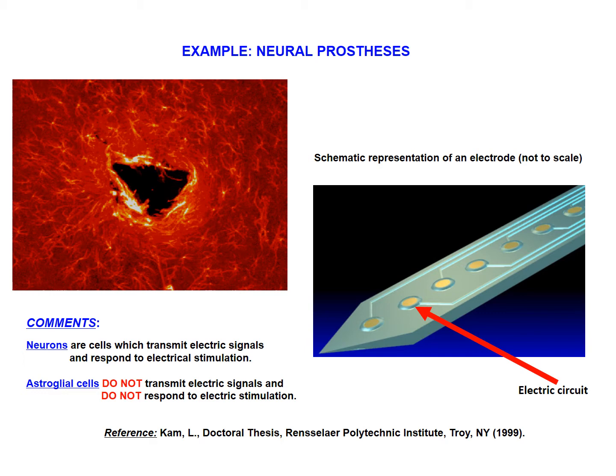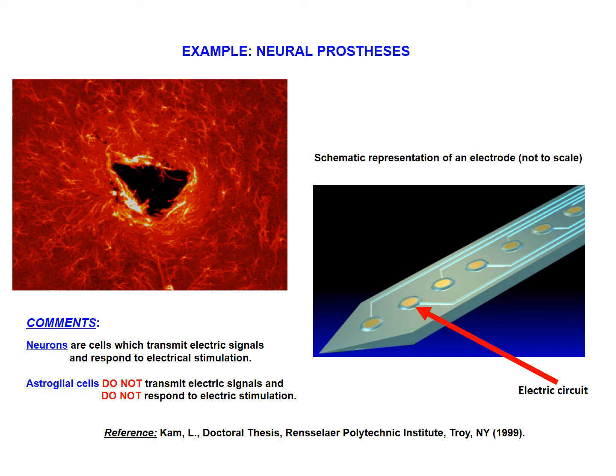The histology photograph, which is shown on the left-hand side of this slide, shows the results of an experiment after the electrode was removed. You see, stained in red, the brain tissue which predominates in this photograph.